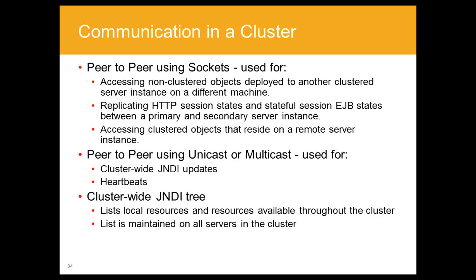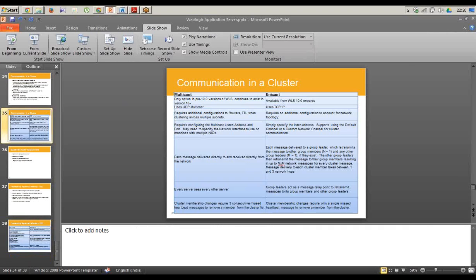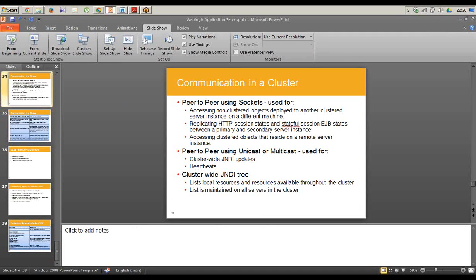They are used for cluster-wide JNDI updates and for heartbeats. Heartbeat is, as you know, that as long as the heart beats, we detect that the person is alive. The same thing is here as well, and we will see next how.